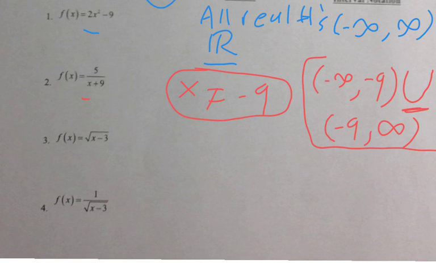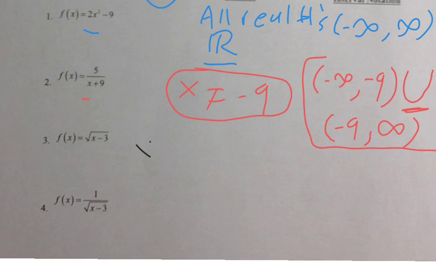So looking at question 3, the square root of x minus 3. Just like last night's video, we have a square root, and we know that x has to be greater than or equal to 3, because if it's less than 3, like 2, 1, etc., we have a negative under the radical, and we know that's not allowed.